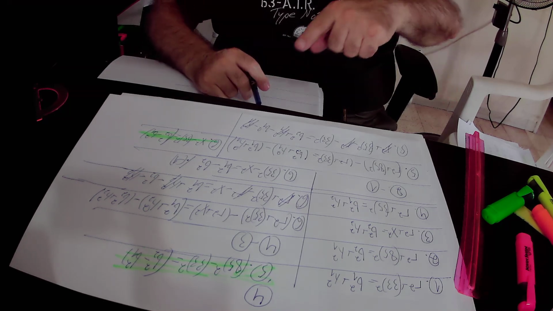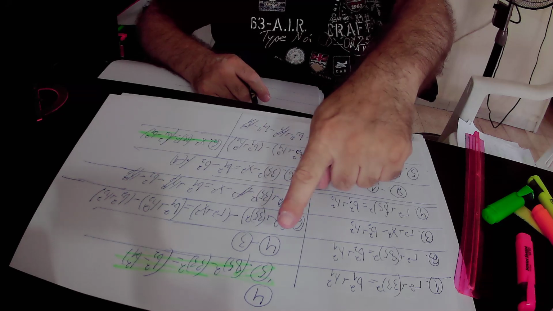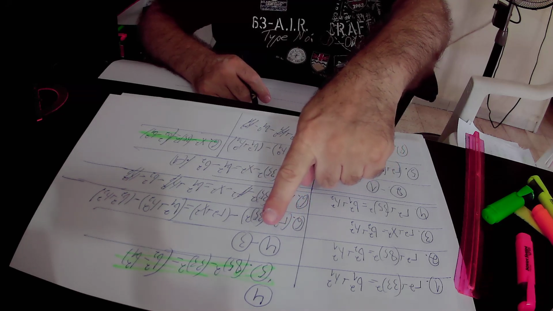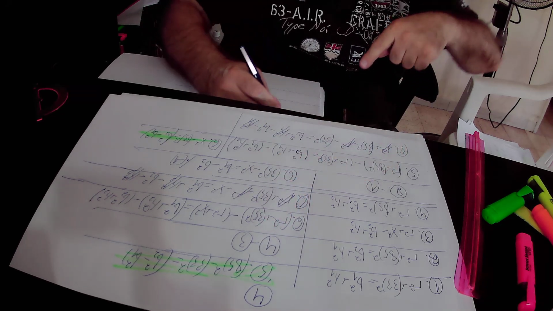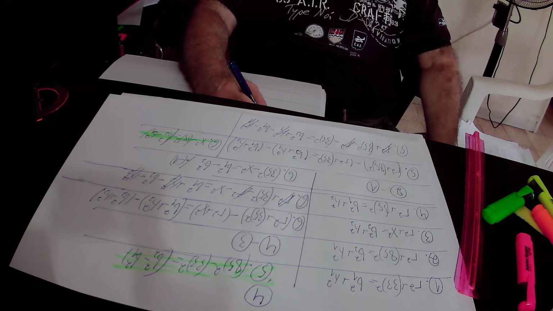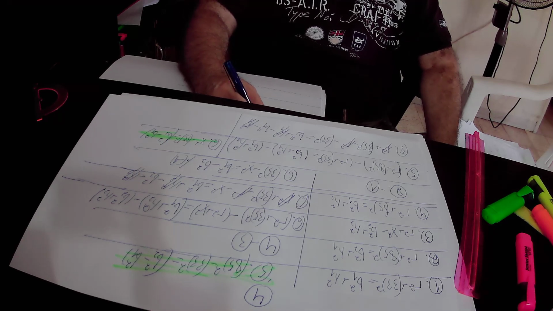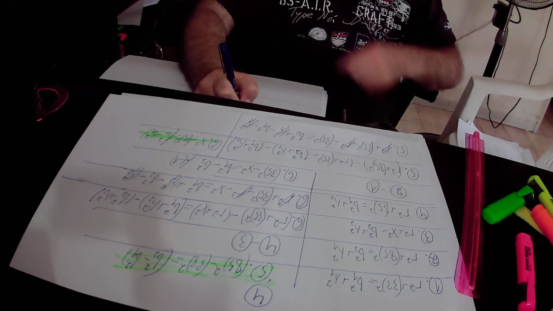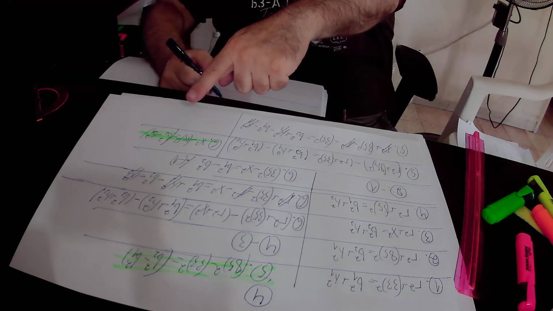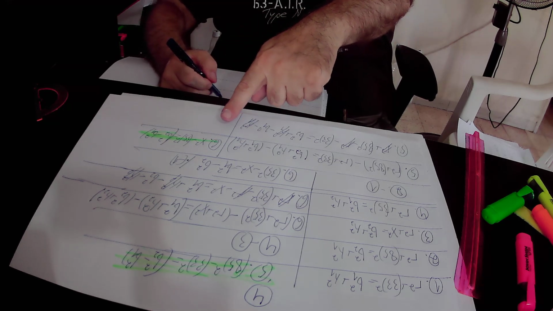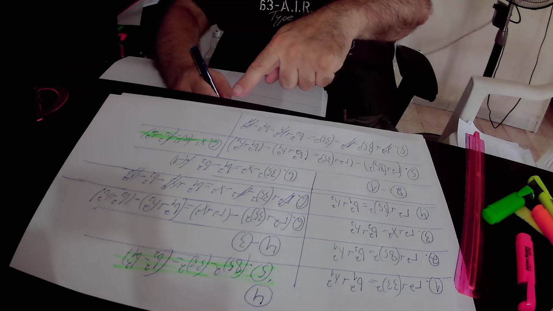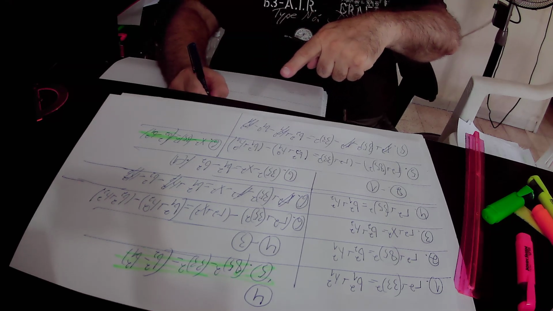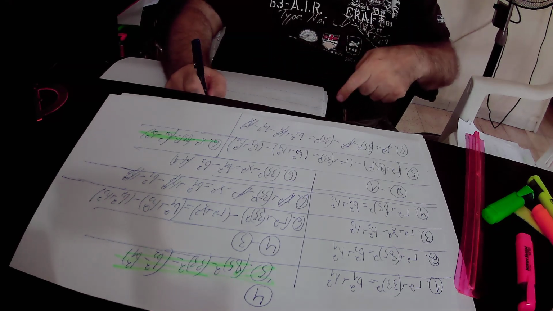So b2 squared minus b1 squared according to equation number 5 is equal to 85 squared minus 33 squared. And it must be equal to b2 squared minus b1 squared according to equation number 6, that is x squared minus 35 squared.